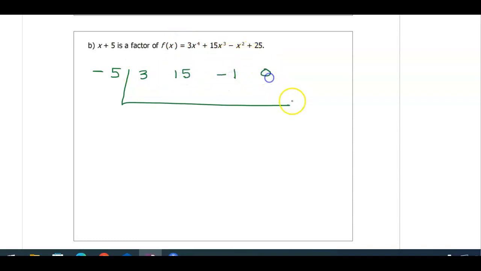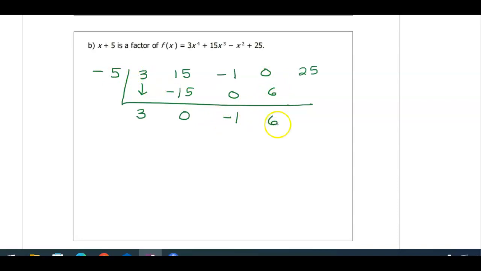We don't have an x, but we want to keep its place, and then 25 is our constant. Bring down the 3. 3 times negative 5 is negative 15. Add these, that gives me 0. 0 times negative 5 is 0. If I add them, I get a negative 1.